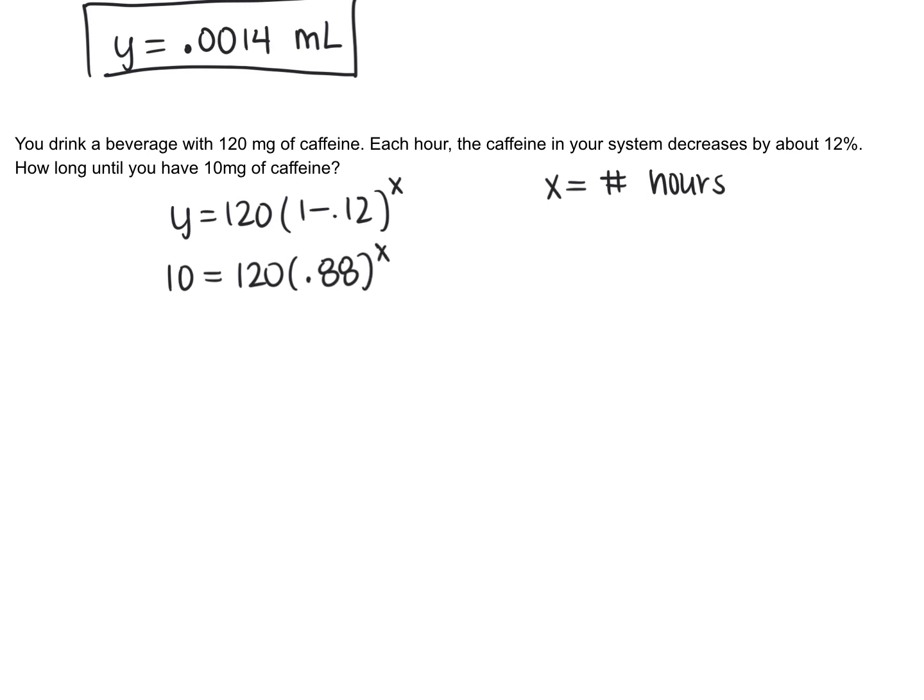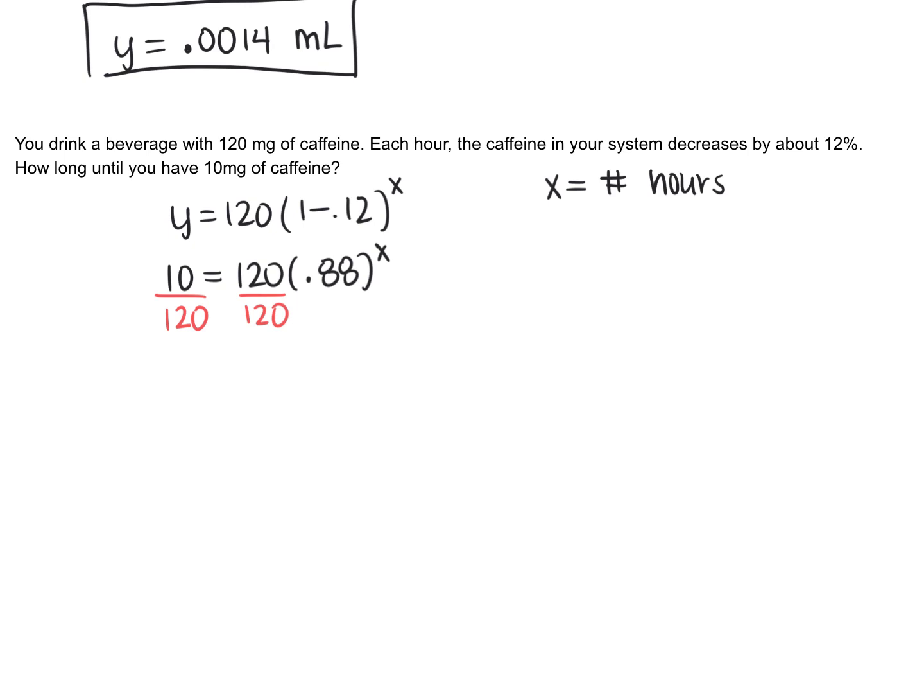So solving for x works the exact same way for exponential decay as it does for exponential growth. My first step is going to be divide by 120. Now, 10 divided by 120 is not a nice decimal. So when that happens, we want to leave it as a fraction in simplest form.